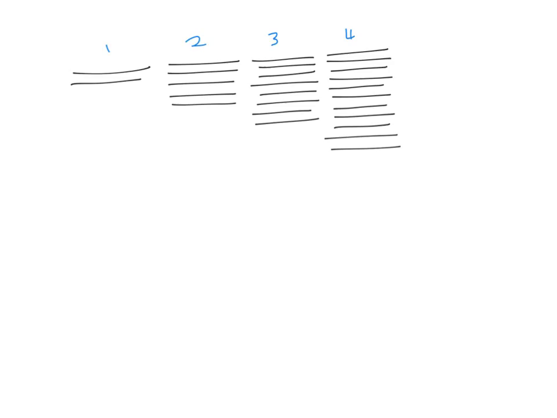Another kind of question you might get is where you are given some kind of pattern and you need to figure out the algebraic pattern or algebraic equation to represent that pattern. You would also have to find a table of values and figure out the rate of change. If I were doing a table of values for this, I would have here on my left the x variable, the independent variable, which is the term, and then over here I would have my y variable, or the dependent variable, that's the number of sticks.